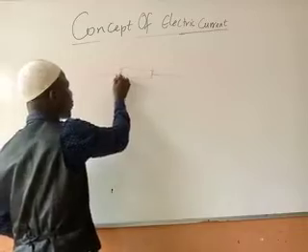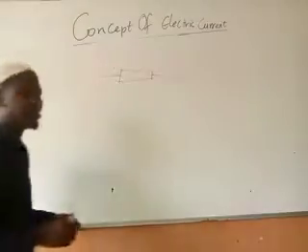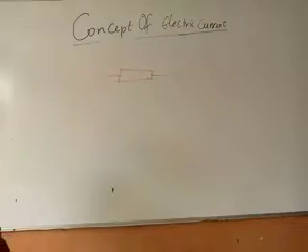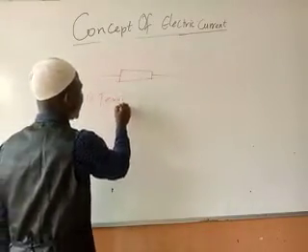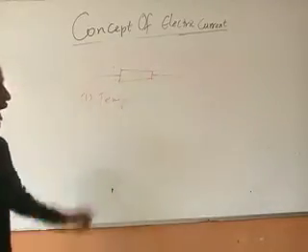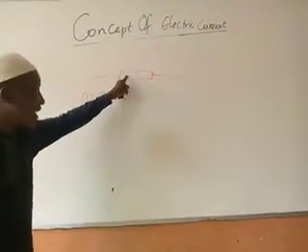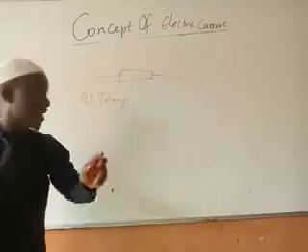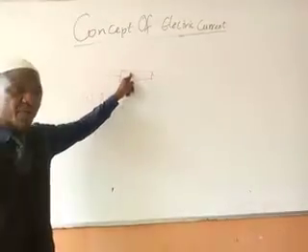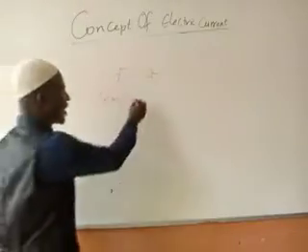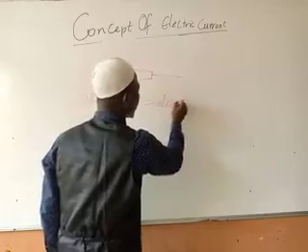As it is, what are the factors that can affect resistance? The first one is temperature. Number one, we have temperature. That is, how does temperature affect resistance of a conductor? When you increase the temperature, you are increasing the resistance of a conductor. Therefore, resistance varies directly.